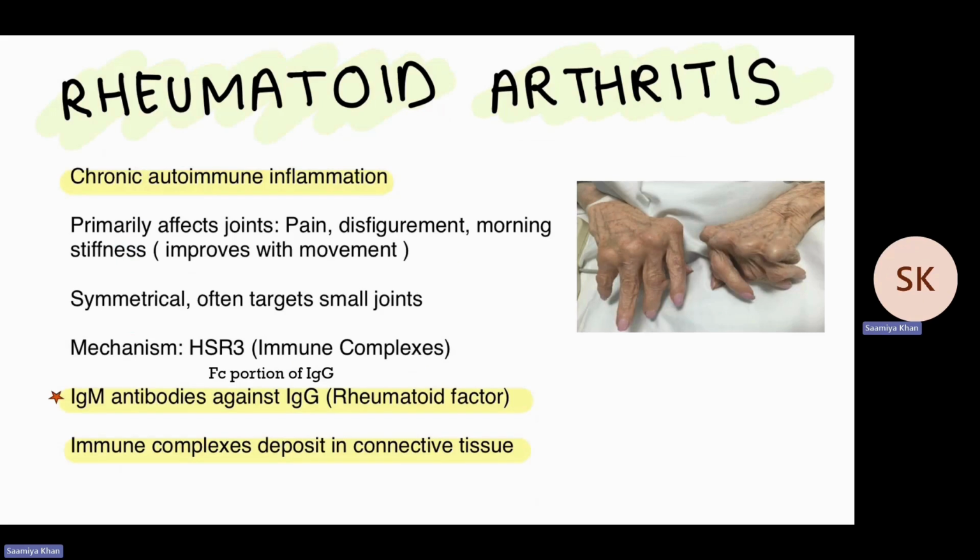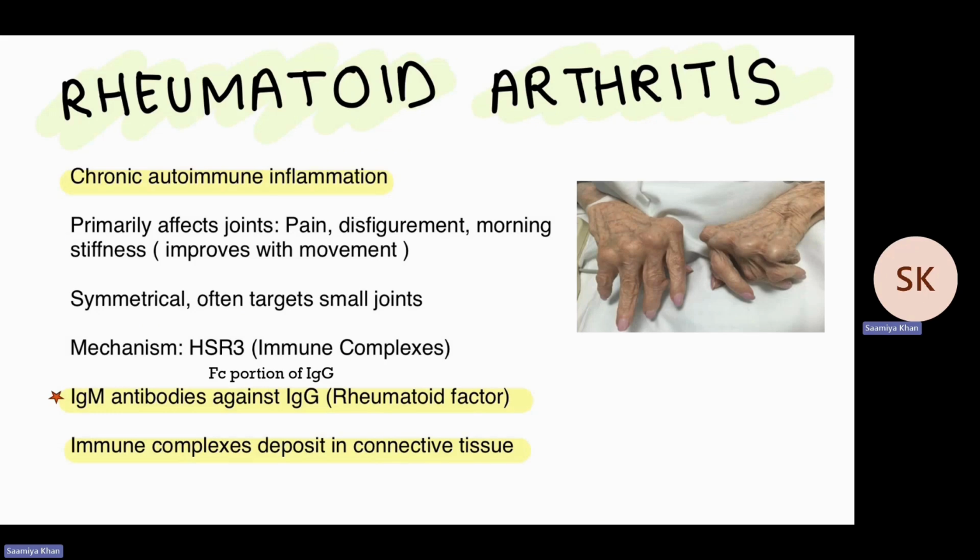Next is rheumatoid arthritis. In this question, I'm not going to give you all the details about rheumatoid arthritis, but you should be prepared on what is rheumatoid arthritis, the pathogenesis, and everything. But you do not need to mention it in this question unless the examiner asks you something specific.